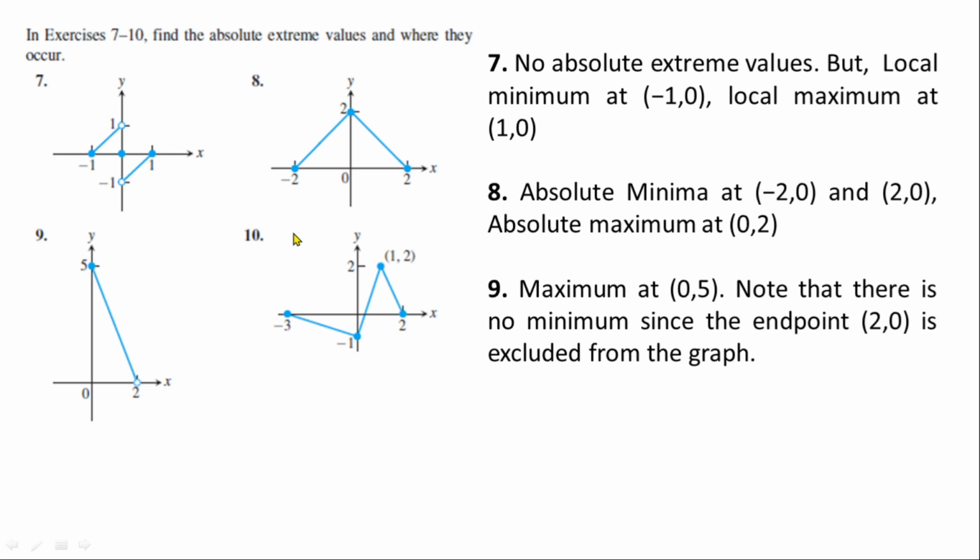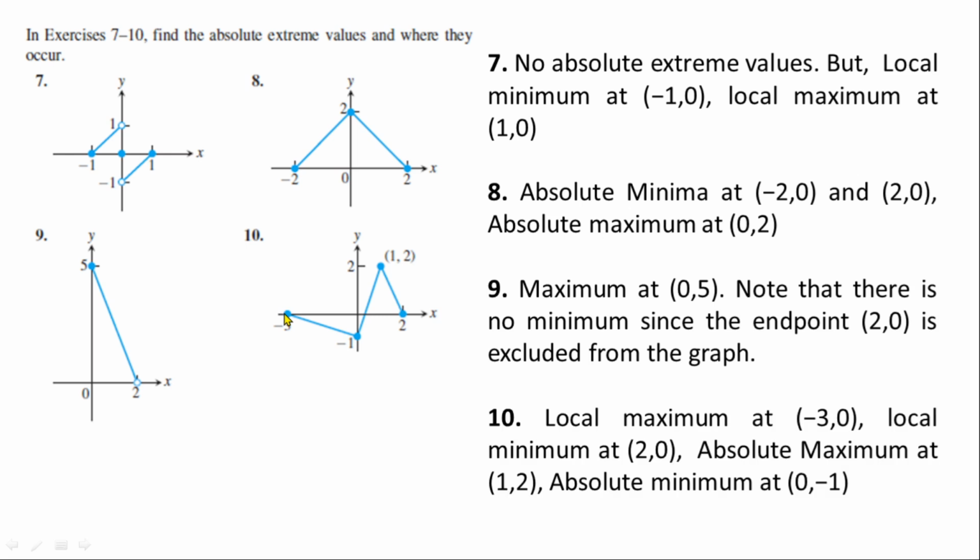Now let us see this graph. Here this point is a local maximum, at x equals -3, y is 0. It means this is the maximum value for these neighboring points. So this is the local maximum at (-3, 0). And the local minimum is at x equals 2, y is 0.